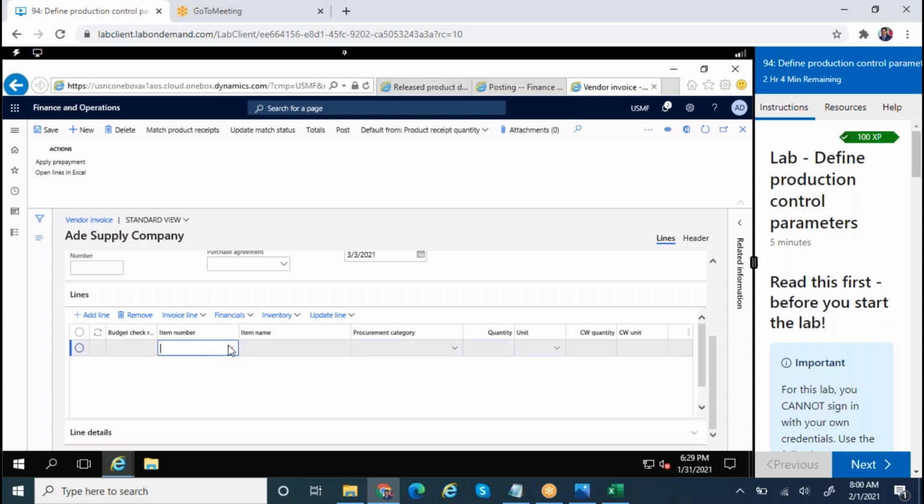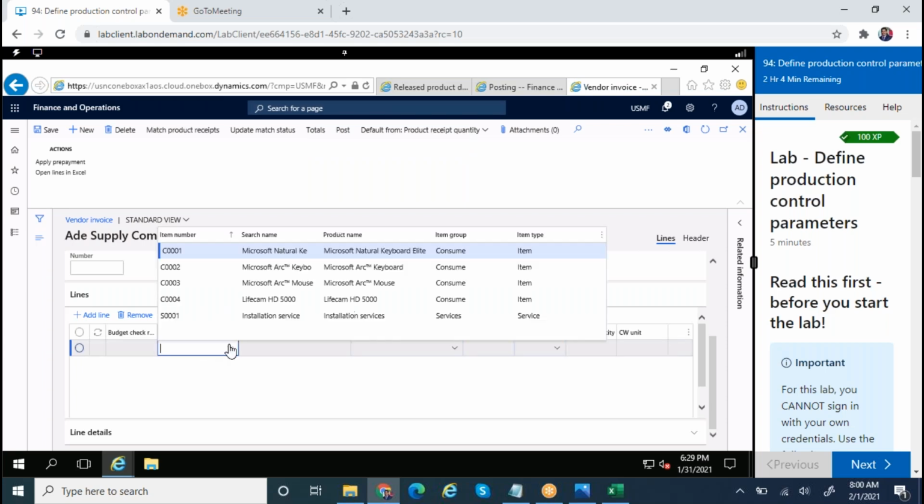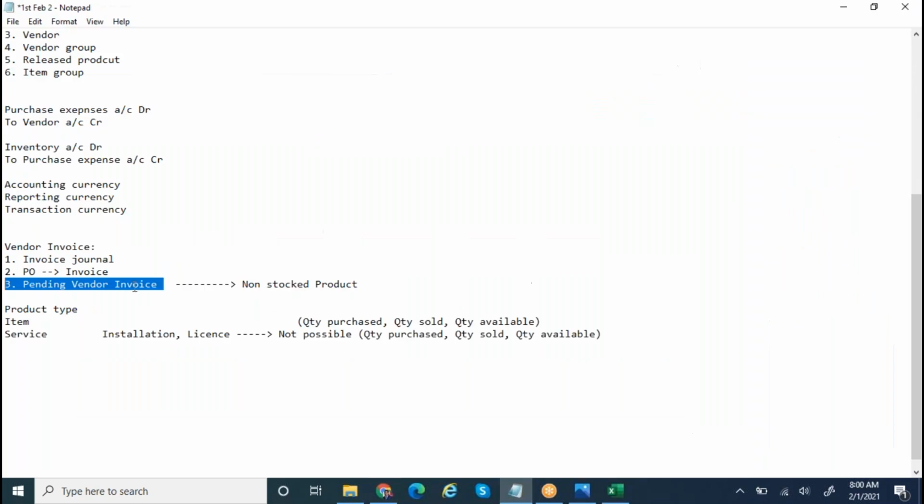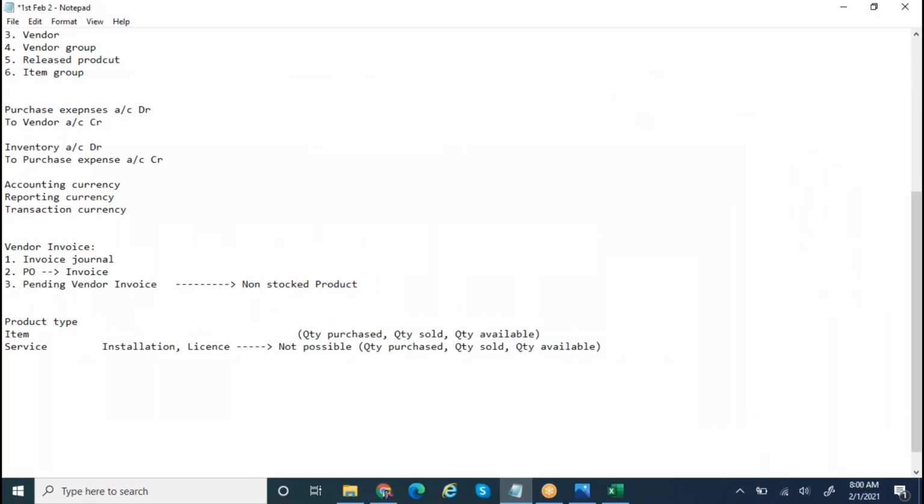This item is non-stocked product. The path for pending vendor invoice is accounts payable module, invoices, pending vendor invoice. Understood? This is for non-stocked product.